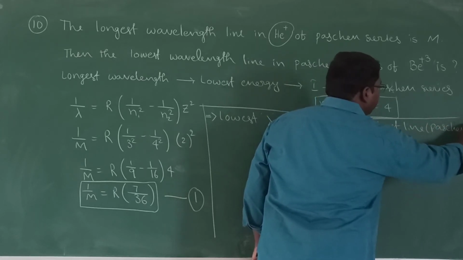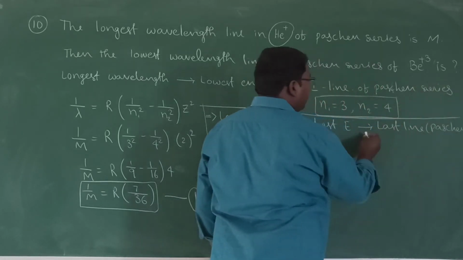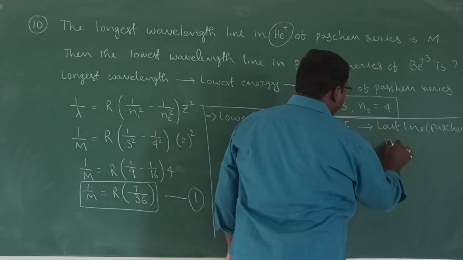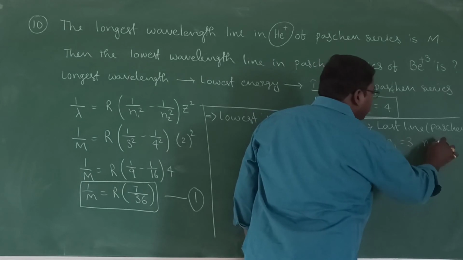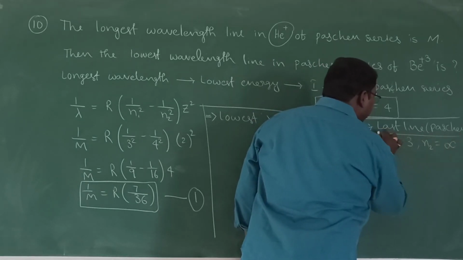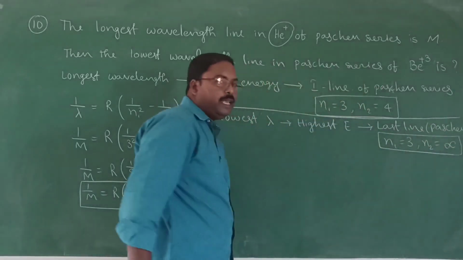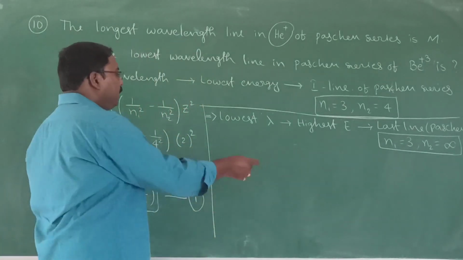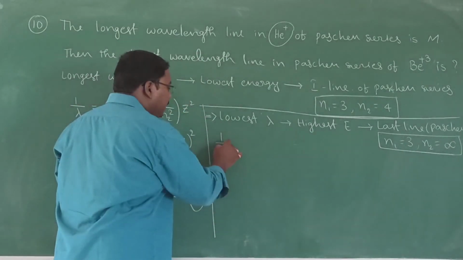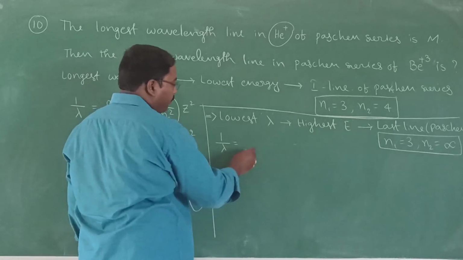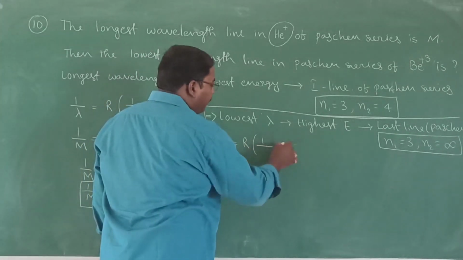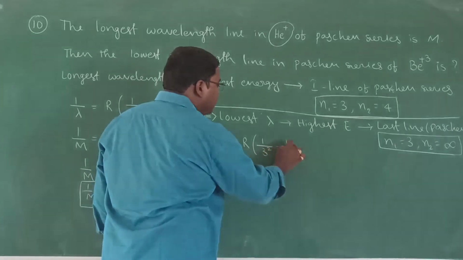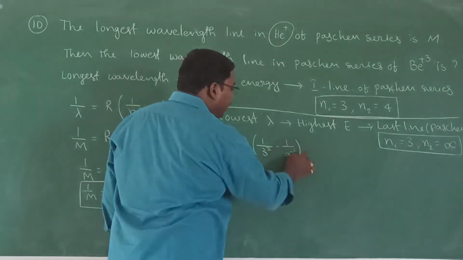Same series, Paschen series. What is the last line of Paschen series? For Paschen series, N1 is 3. The last line is where the electron jumps to infinity. And directly let us substitute. In this case, 1 by lambda is equal to R into 1 by 3 square minus 1 by infinity square.